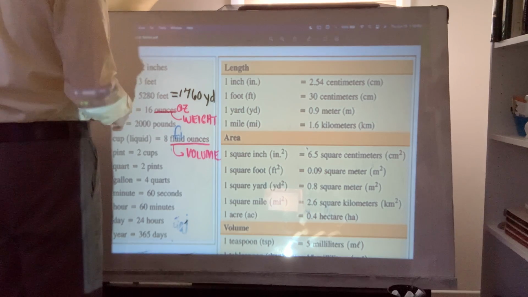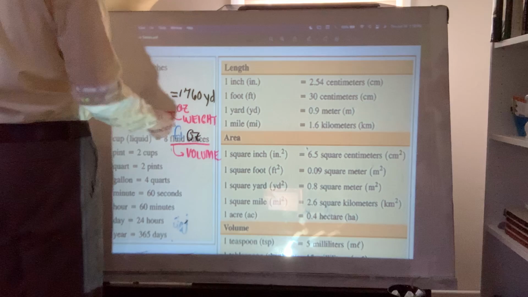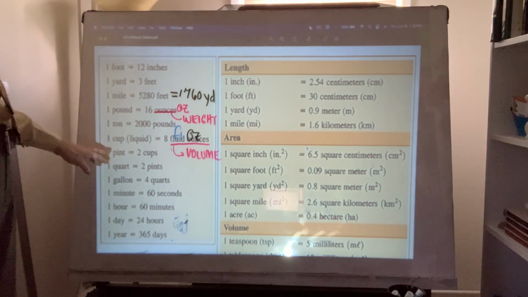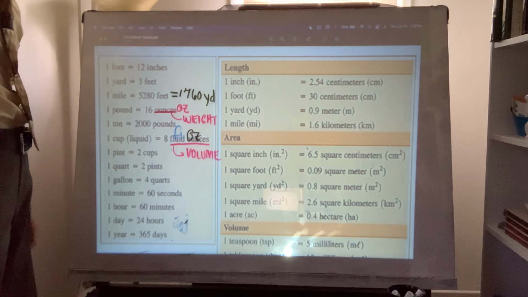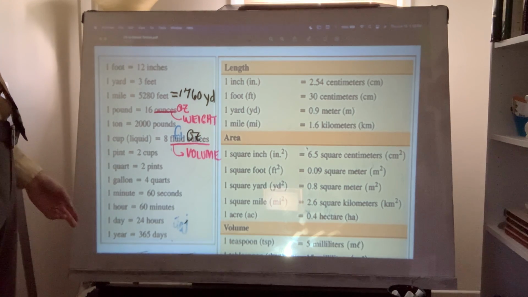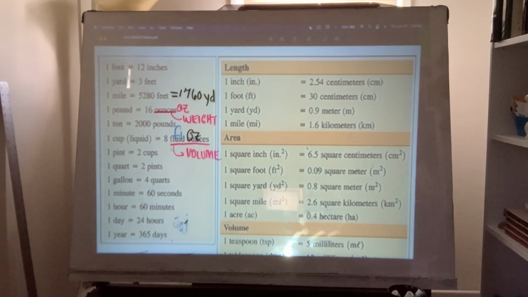The Wizard of Oz, actually, famously, the name Oz comes from ounces. Believe it or not. 1 pint is 2 cups, 1 quart is 2 pints, and 1 gallon is 4 quarts, and so forth.